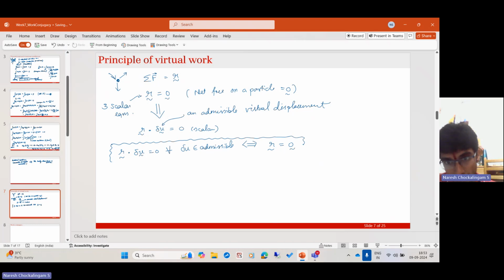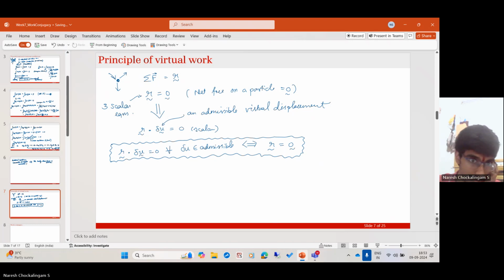Right? So this is in the context of classical mechanics. The conditions of equilibrium of a particle are equivalent to the statement that the virtual work done by the system of forces on any arbitrary admissible virtual displacement field del u is equal to 0.